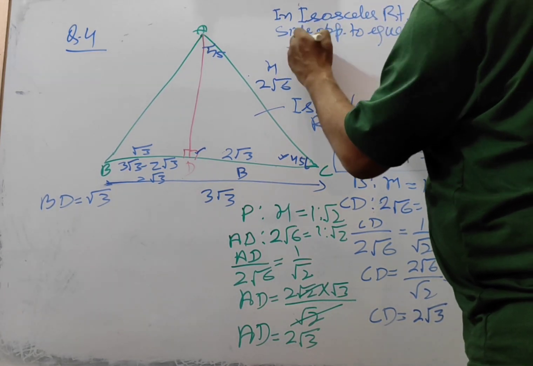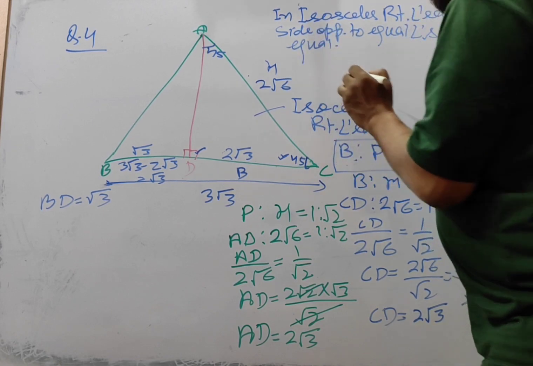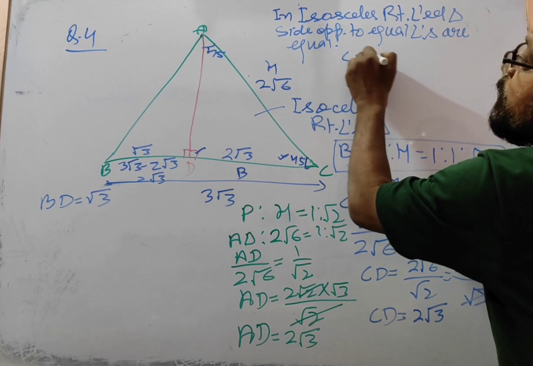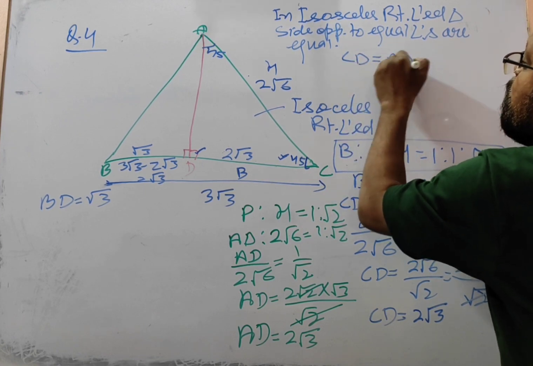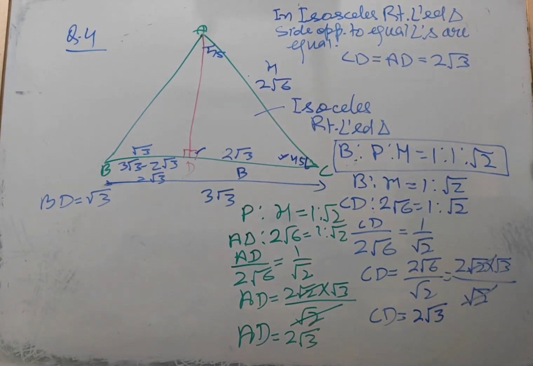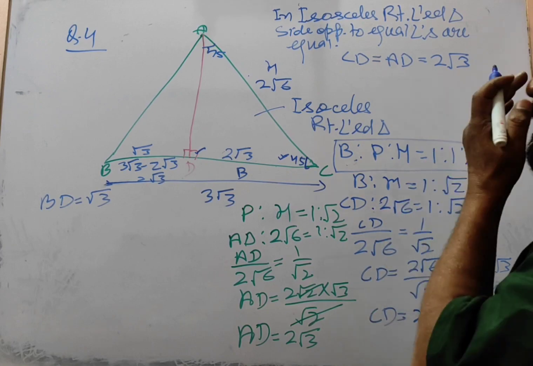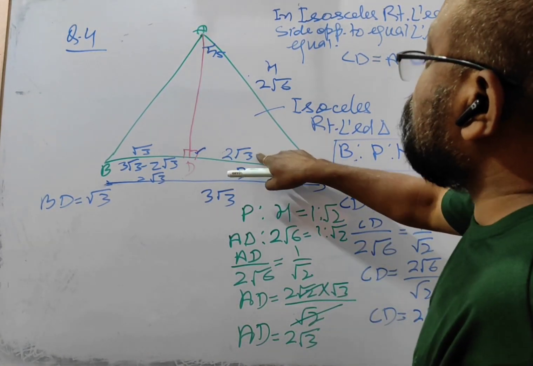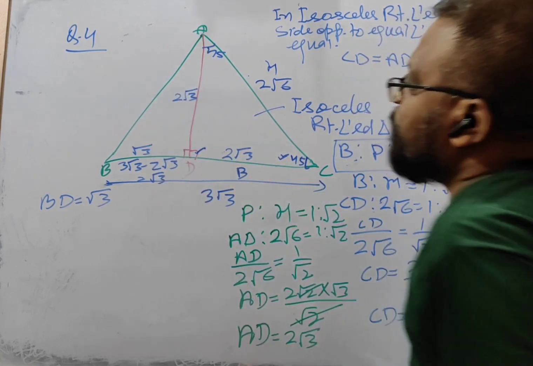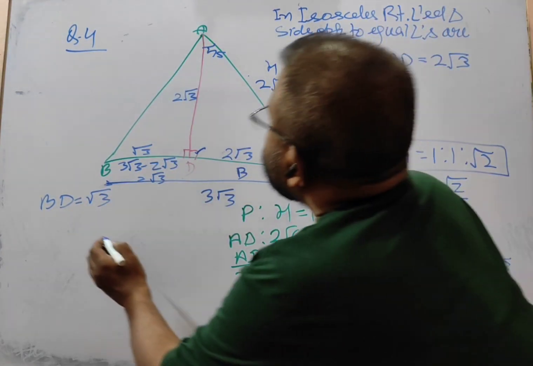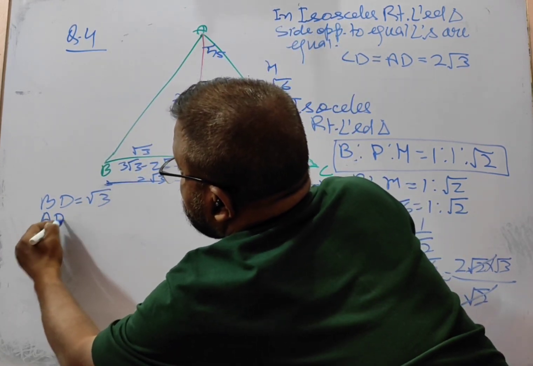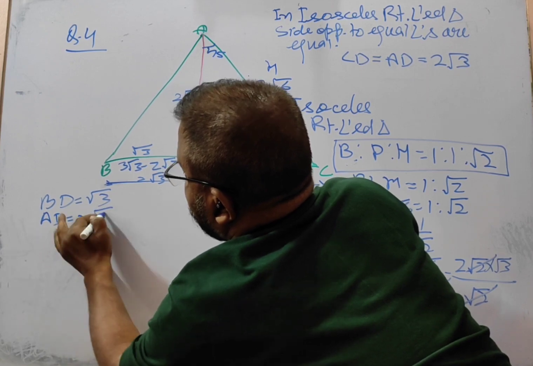Therefore, CD is equal to AD is equal to 2 root 3, right? So this is 2 root 3, this is 2 root 3. Now BD is root 3 and AD is 2 root 3, right?